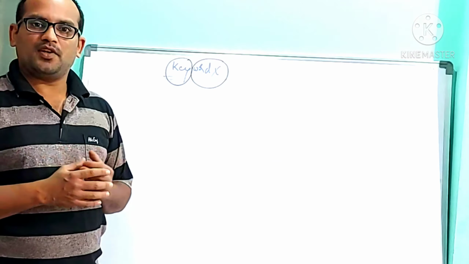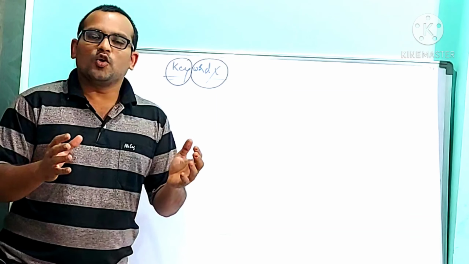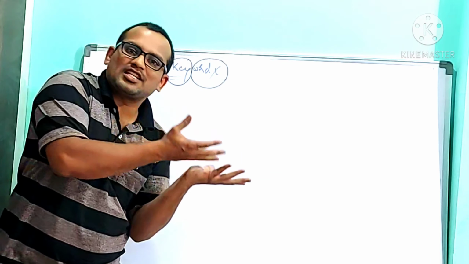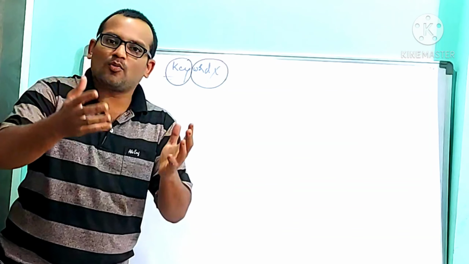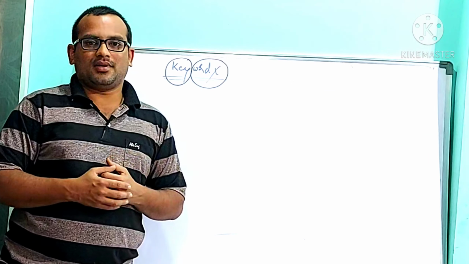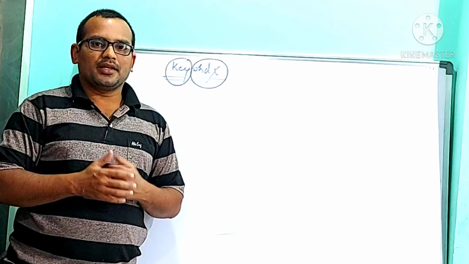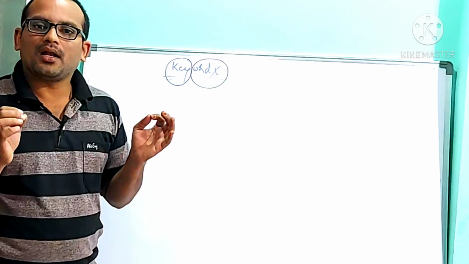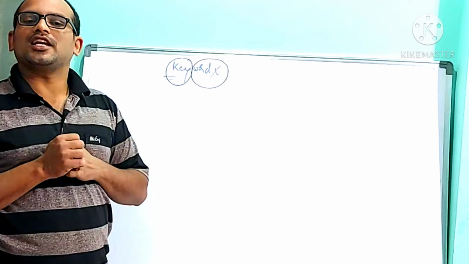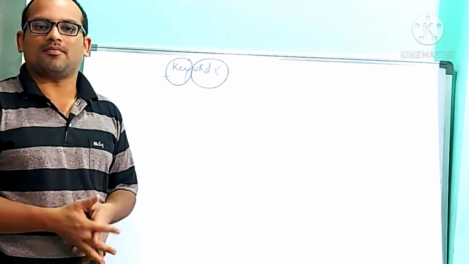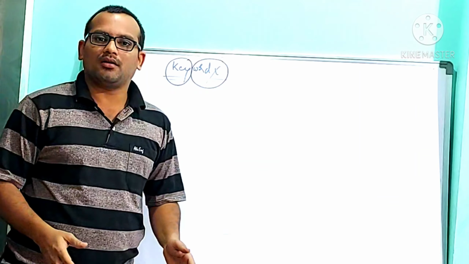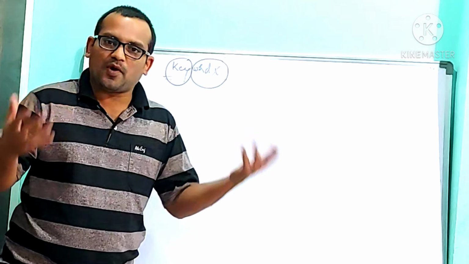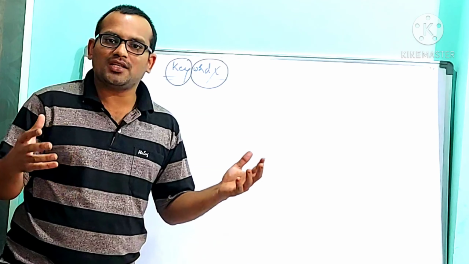A very important definition of a keyword is a word whose meaning is known by the system, by the compiler itself. Understood, my dear students? A word whose meaning is known by the compiler, or is already predefined and cannot be changed, is called a keyword.